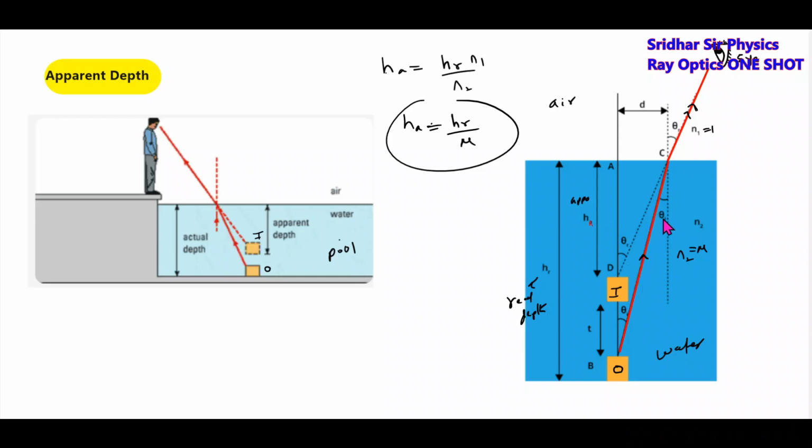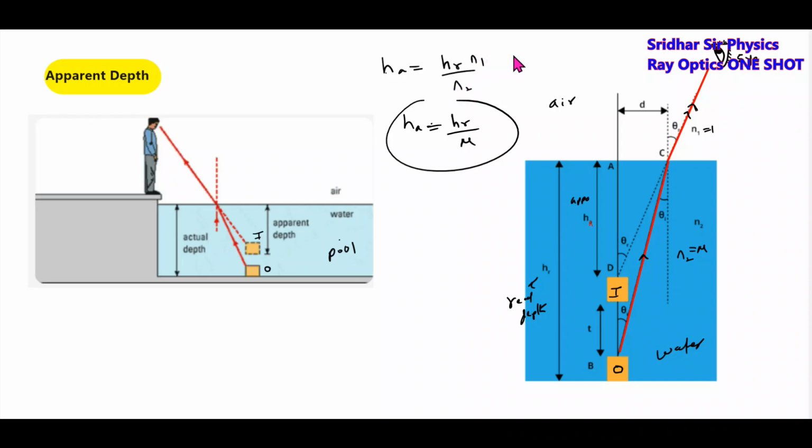Then here we'll apply Snell's law: n2 sine theta 2 is equal to n1 sine theta 1, solving this for paraxial rays. This point C will be very near, so sine theta will become tan theta. Solving, I'll get apparent depth is equal to HR, the real depth, times the refractive index of the medium in which the viewer is present, divided by the refractive index of the medium where the object is present.